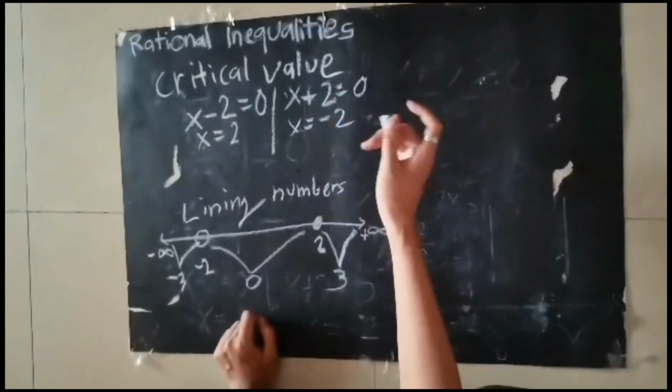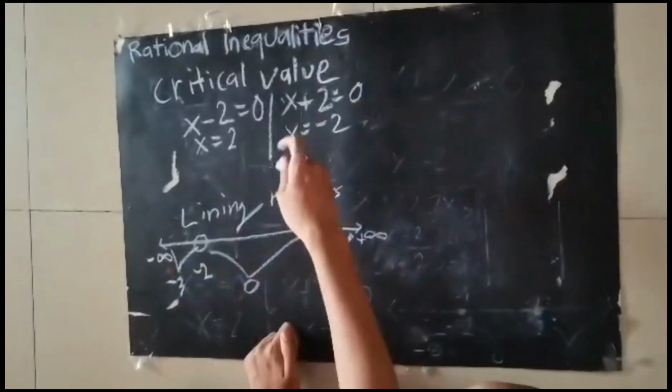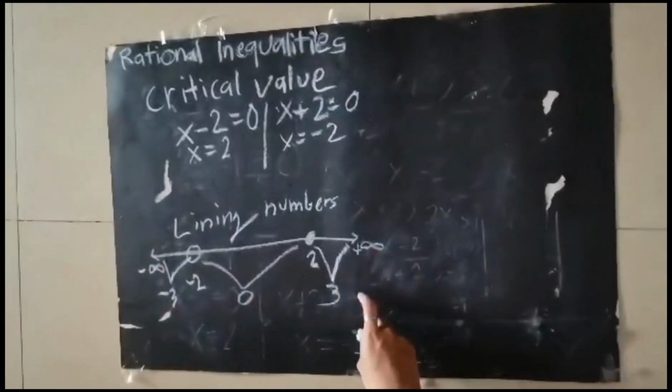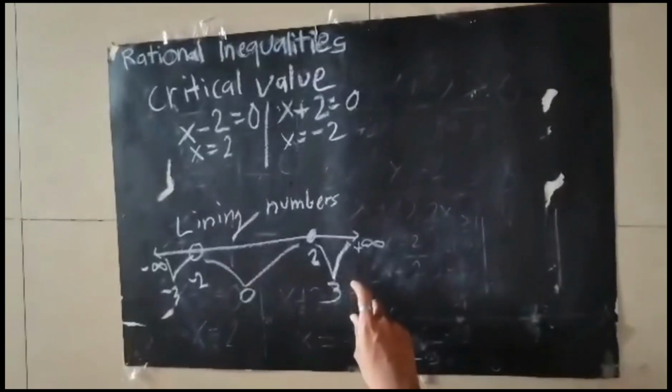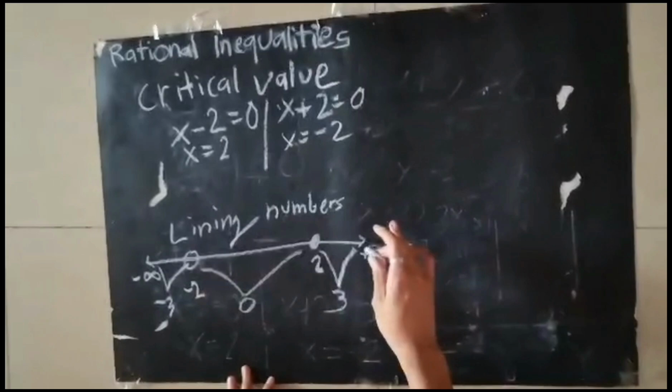Then we set the denominator x plus 2 equal to 0, which gives x equals negative 2. After that, we go to the next step, which is the number line.